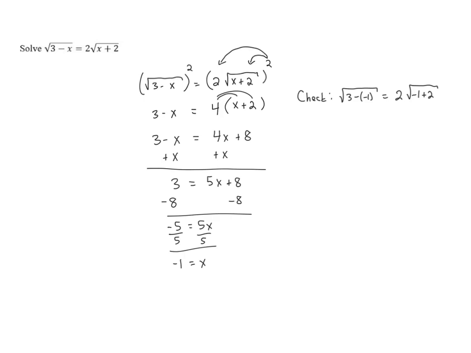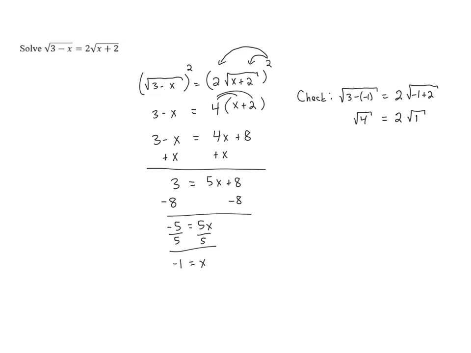On the left, 3 minus negative 1 is the same as 3 plus 1, which is 4. So we've got the square root of 4 on the left. On the right, we've got 2 times the square root of negative 1 plus 2 is just 1. So we have the square root of 1 on the right.